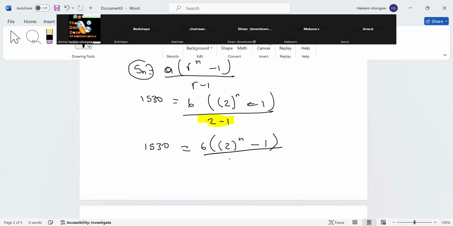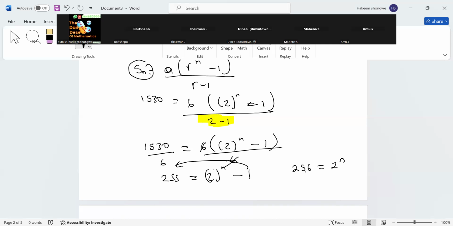Then we divide by 6 on both sides. The 6 cancels, and the answer will be 255, which equals 2 to the power of n minus 1. Take the 1 to the other side, transpose to the other side. Then 256 is equal to 2 to the power n.